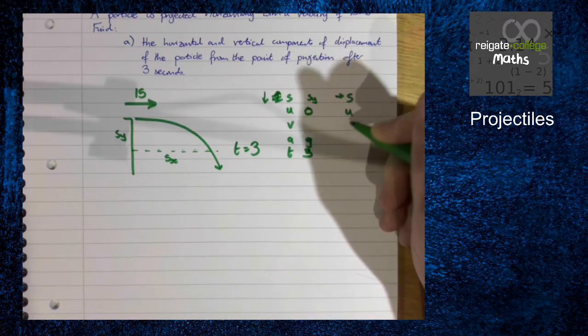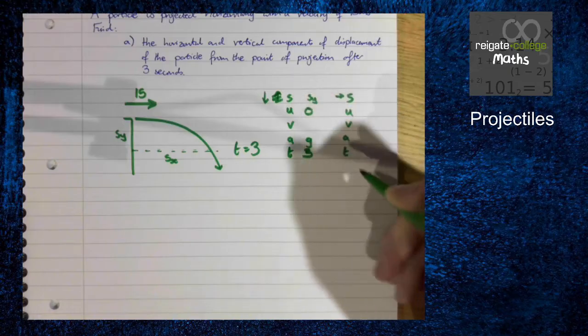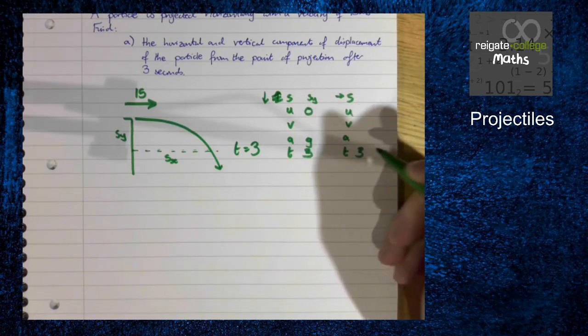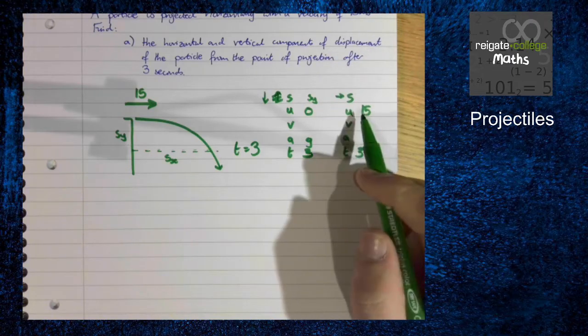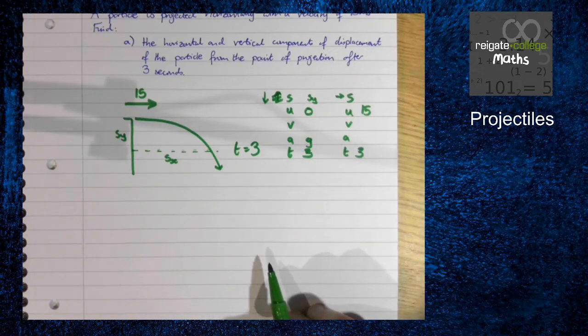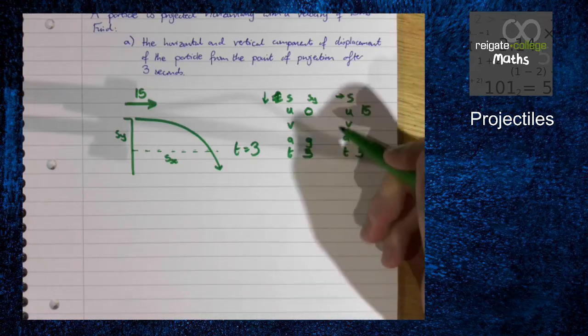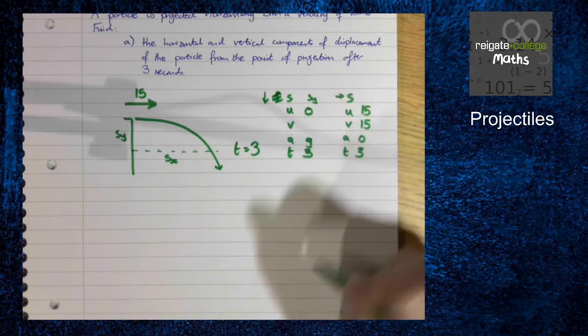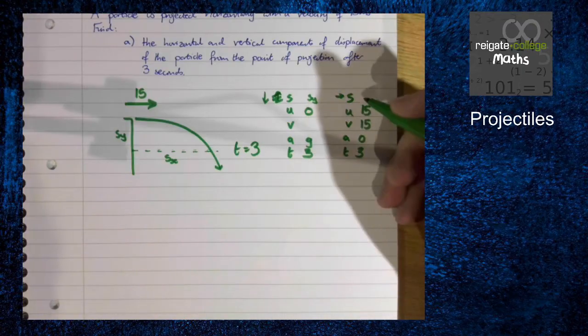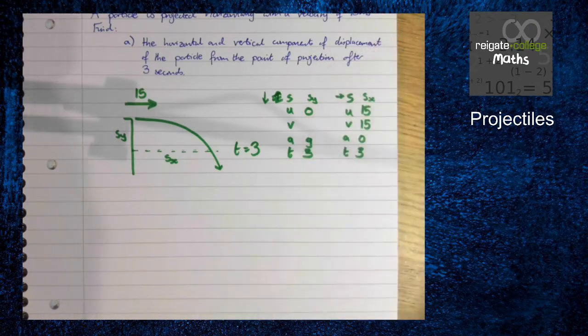Horizontally, we know that t is 3, and we're told it's projected horizontally at a speed of 15. Because it's horizontal, we know that a is 0, so v is 15 as well, and s is sx. So this is now all of the information we need to finish answering this question.